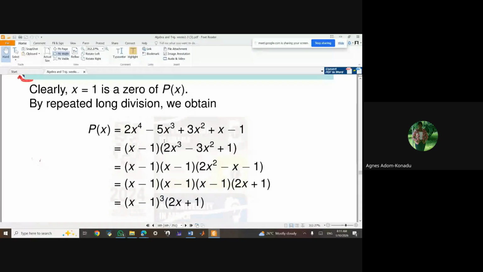When you do that, you get the quotient 2x squared minus x minus 1. Then this is a quadratic function, so you find its factors, and you will see that they are x minus 1 and 2x plus 1.